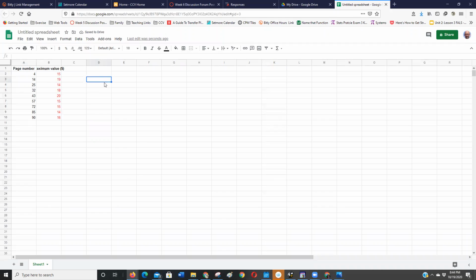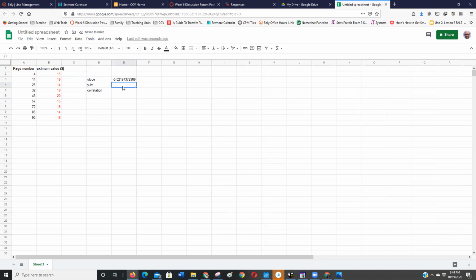And then now to do the slope, and the y-intercept, and the correlation. What we need to do is equals, and then you just type the word slope, and then it'll pop up, and then you want to do the y values first, then comma, x values, and that's that.